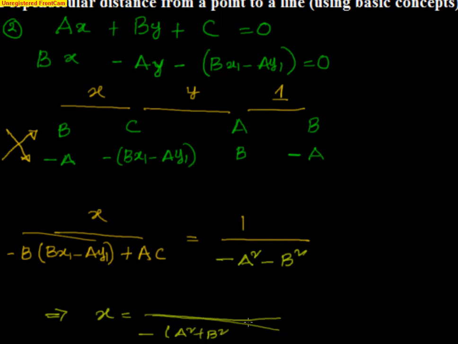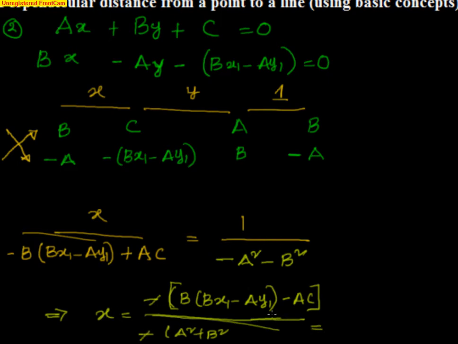And what is there at the top? At the top I have minus of, I'll take minus common, so this becomes b into bx1 minus ay1 minus ac, the whole thing.